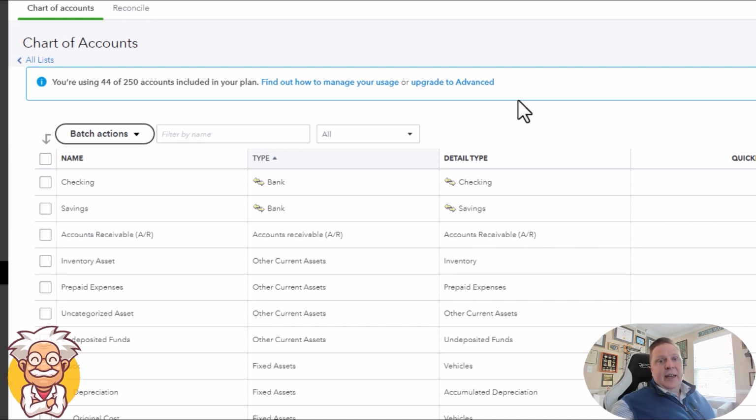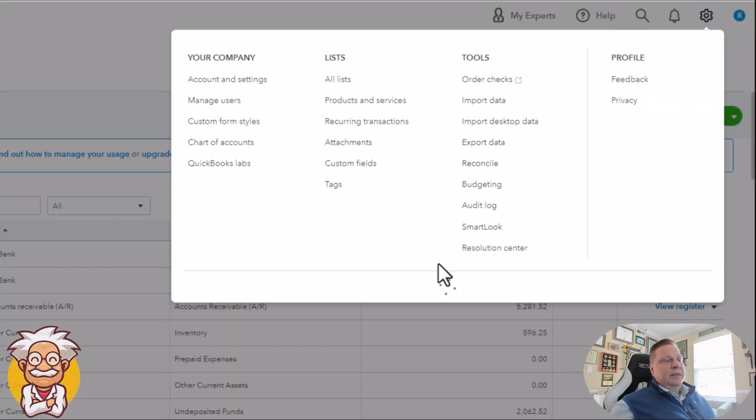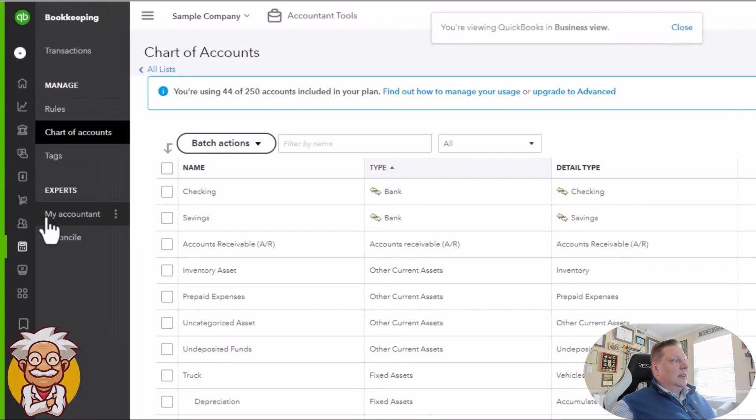Remember, we looked at that earlier in the usage lesson, that QuickBooks allows you to have up to 250 accounts in your chart of accounts, unless you're in the advanced, where they'll give you the option to do unlimited amounts. So I'm going to go ahead and switch back over here to the business view and then go into our chart of accounts.